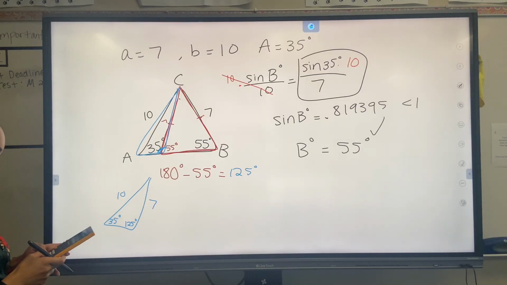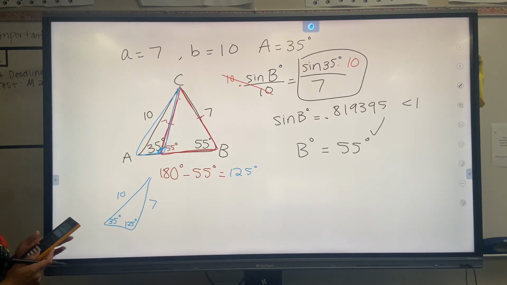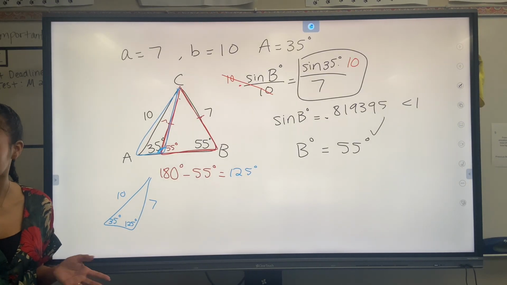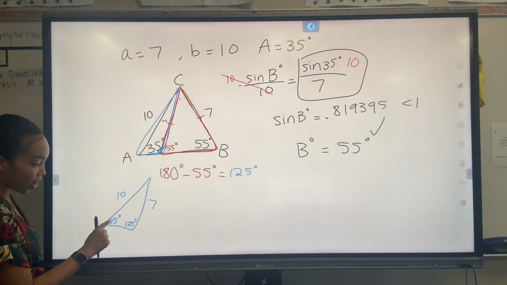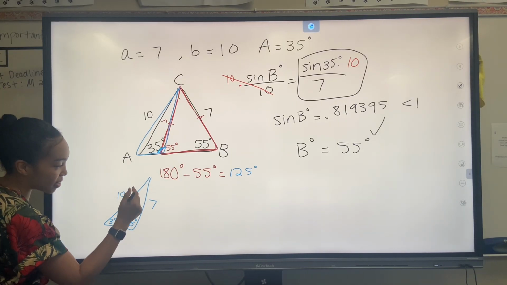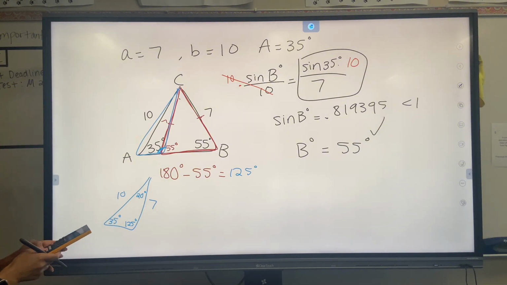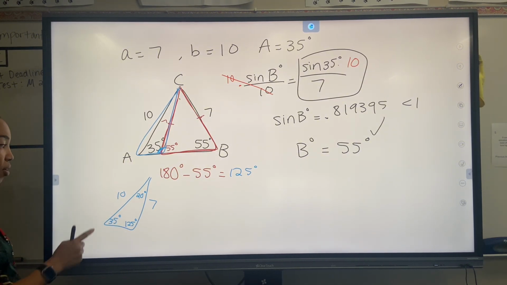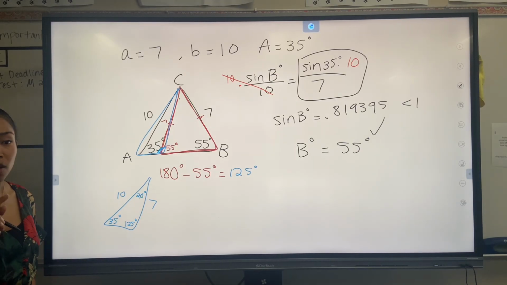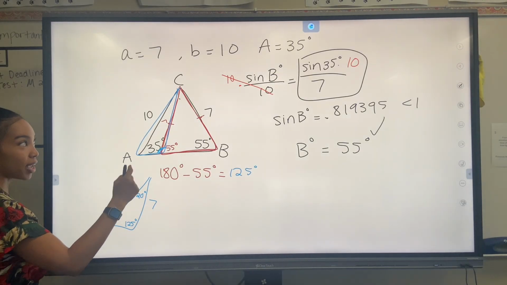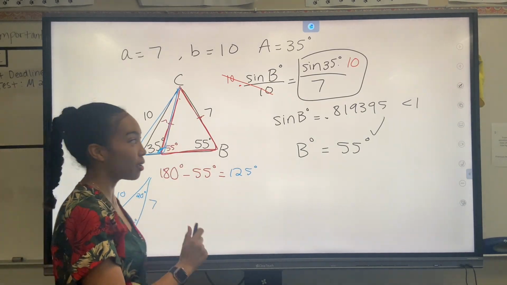Is that okay? Yep, that's okay. So guys, we have a second triangle. If this is 35 and this is 125, that means this angle, that one's 20 degrees, because 125 plus 35 plus 20 is 180. Okay, so we have two triangles. So that means we need to solve this one, and we need to solve the original one, okay?